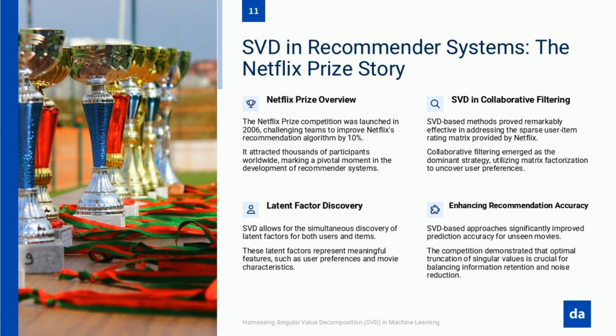Traditional recommendation approaches struggled with such incomplete data, but SVD-based methods proved remarkably effective. The mathematical challenge boiled down to a fundamental question: could the underlying patterns in user preferences be captured in a low-dimensional representation? Collaborative filtering emerged as the dominant strategy, with matrix factorization at its core.